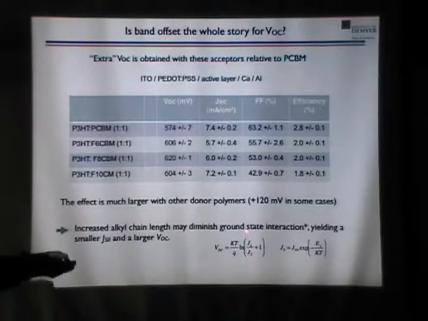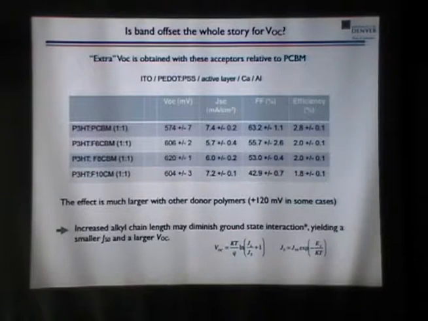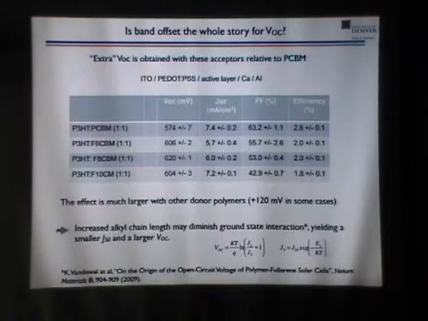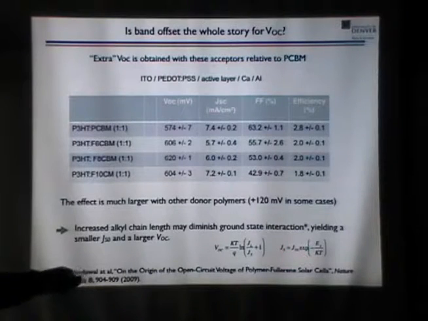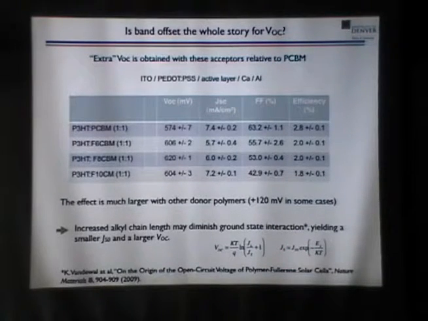So smaller Js means a larger voltage. And this has been hypothesized by Van der Waal et al. in a paper in Nature Materials. So we think this is probably the explanation. Put on more side chains, more separation, we reduce this saturation current and get a higher voltage.